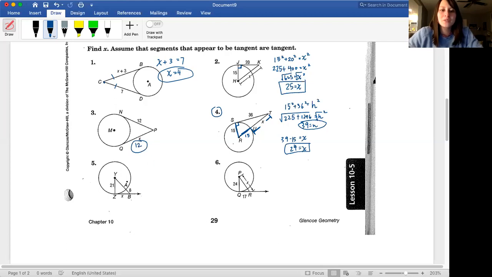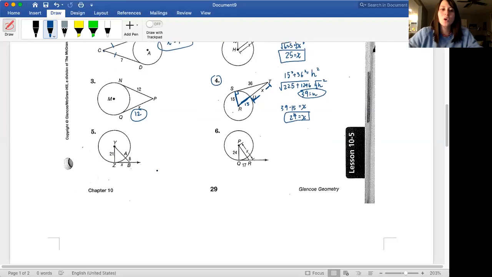Okay, let's go back and review a little bit of 5 and 6. So number 5, again, right here, 8 is showing this little segment, so just be careful with that. And it looks like it's saying actually find this part. Ooh, so this might be a little bit tricky, right? So we need to puzzle piece this together. If we know the radius is 21, what's y to a? Well, that's a radius, isn't it? So this is also going to be 21.